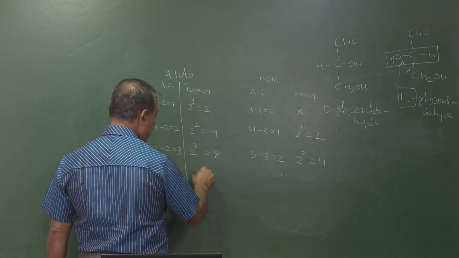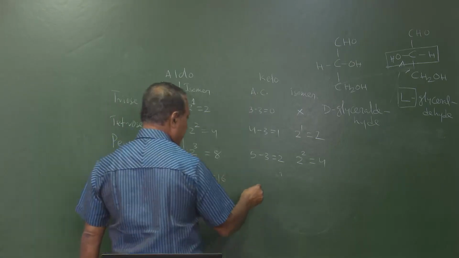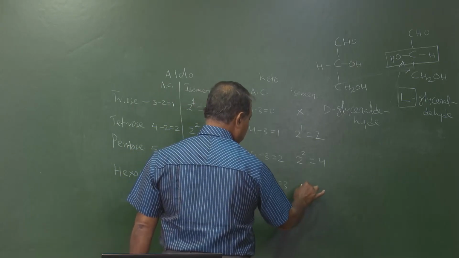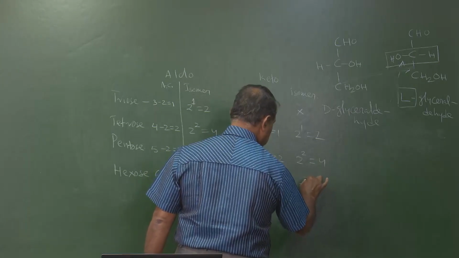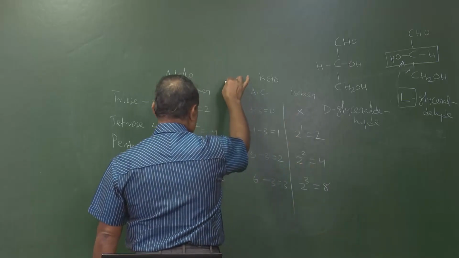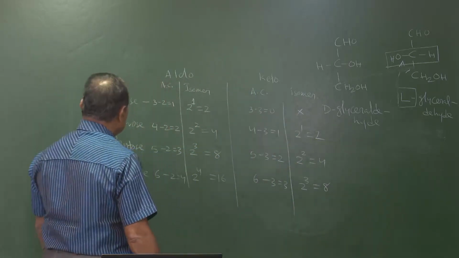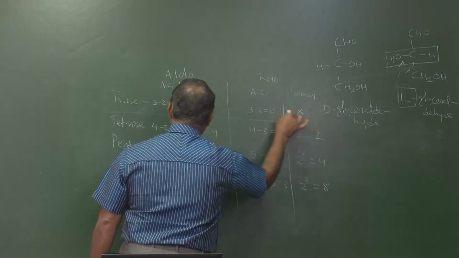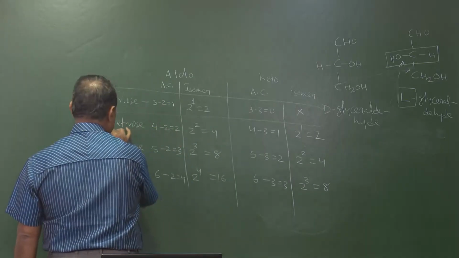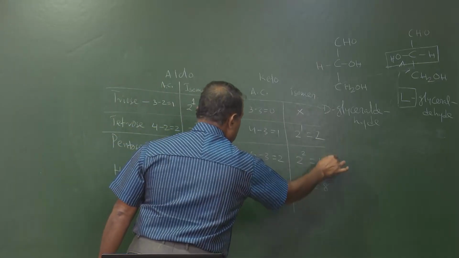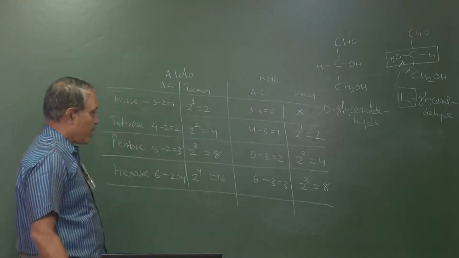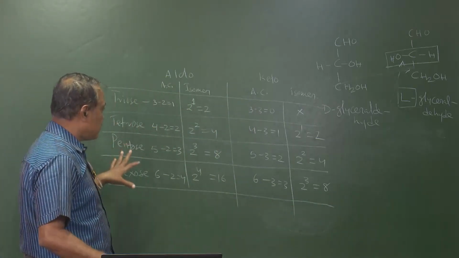So 2 to the power 4 is equal to 16. 6 minus 3 is equal to 3. So 2 to the power 3 is equal to 8. So this is what the table is like. You simply check it. I hope you are following it properly.